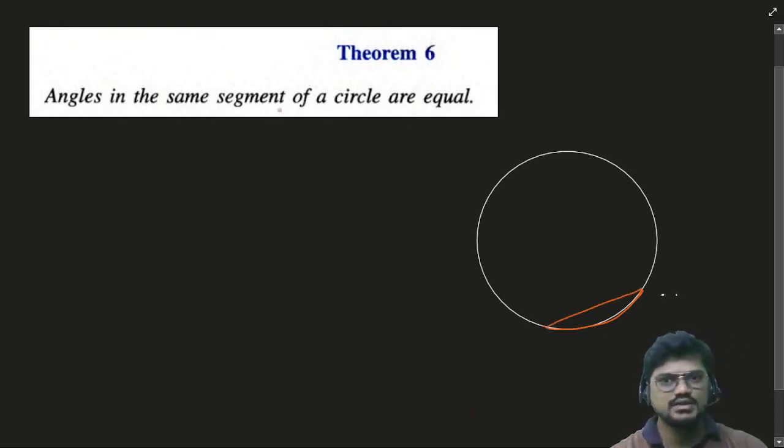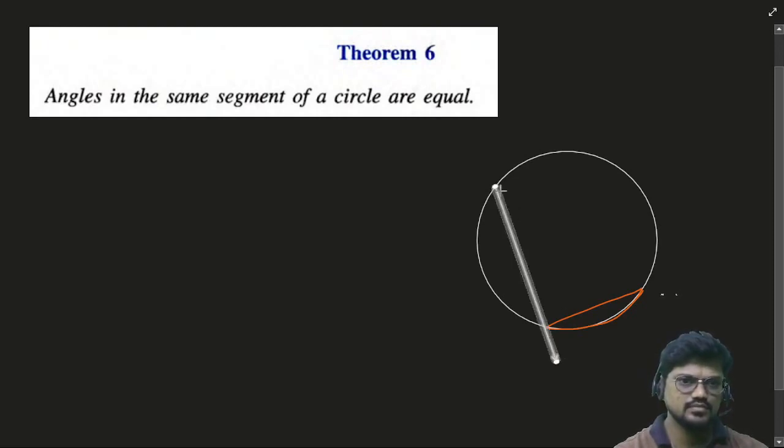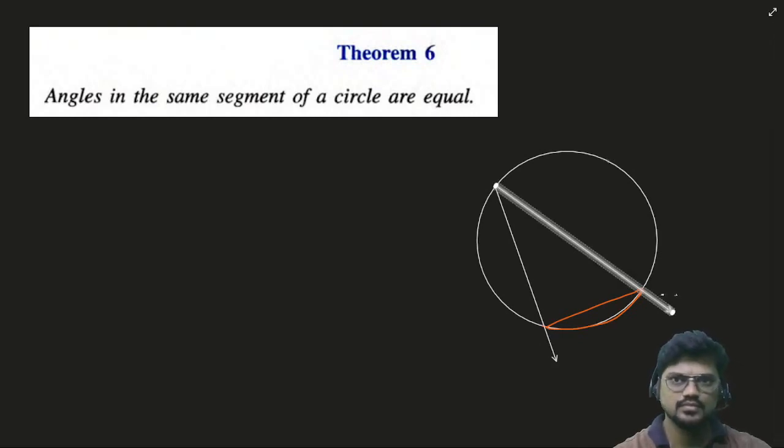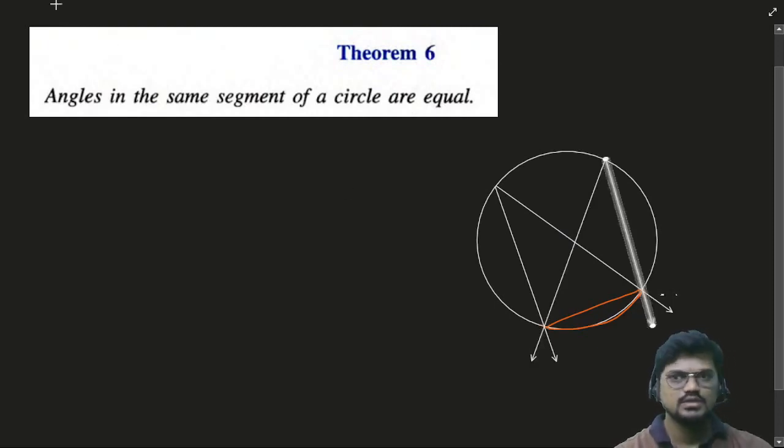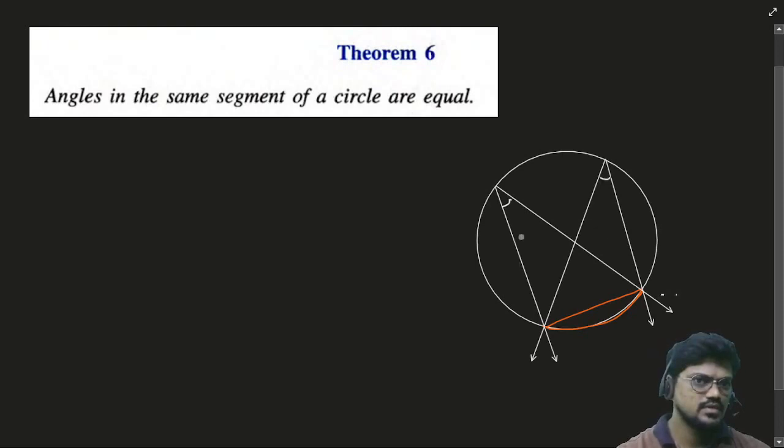Now, angles in the same segment of a circle are equal, that means if I draw lines like this, these two angles will be the same.